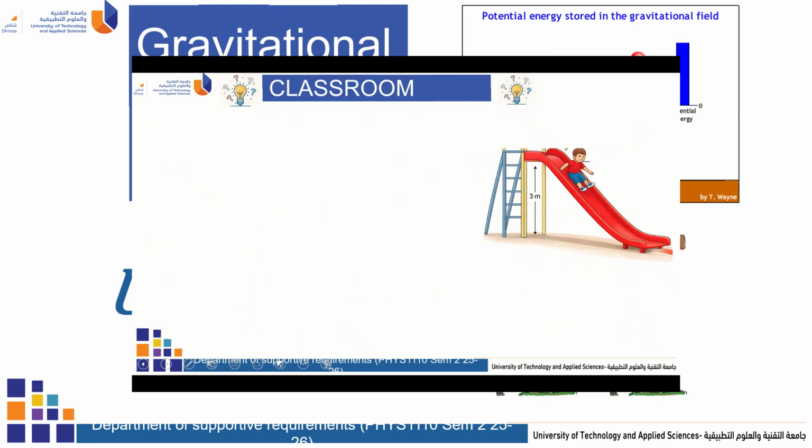Here the rule is, due to the conservation law, if I say the top of the system and the bottom of the system, the potential energy at the top is the same as the kinetic energy at the bottom.